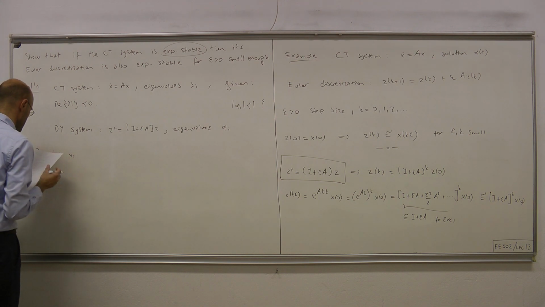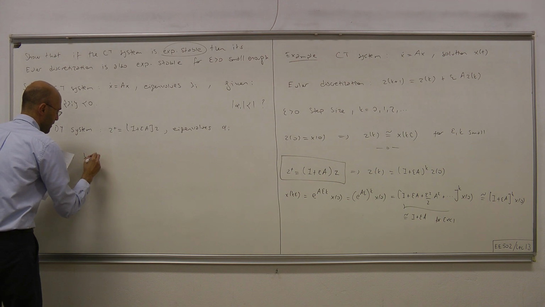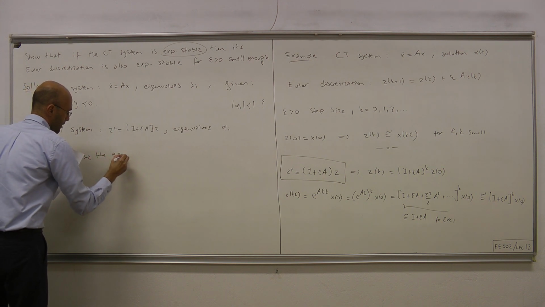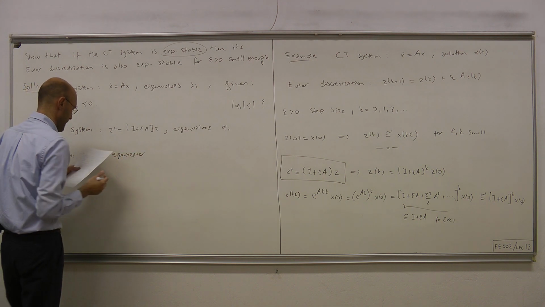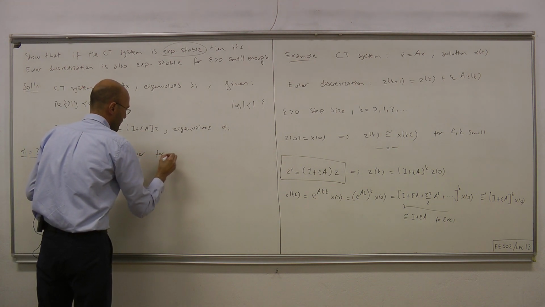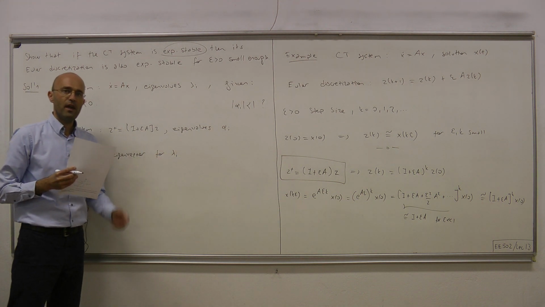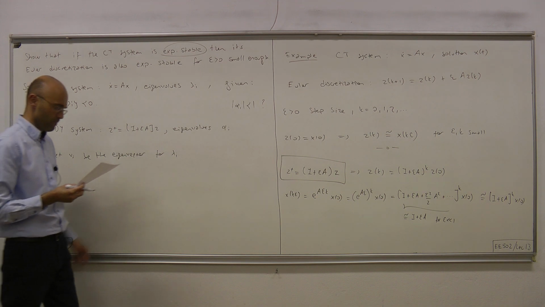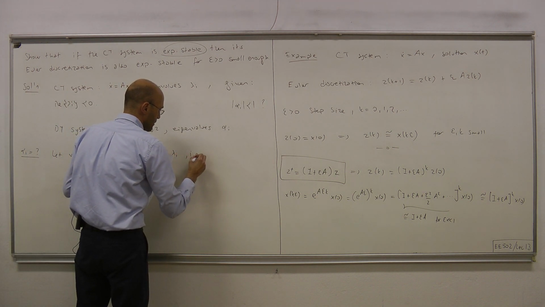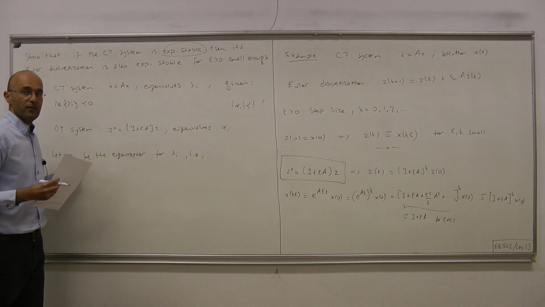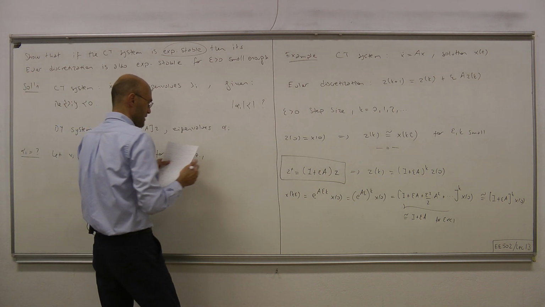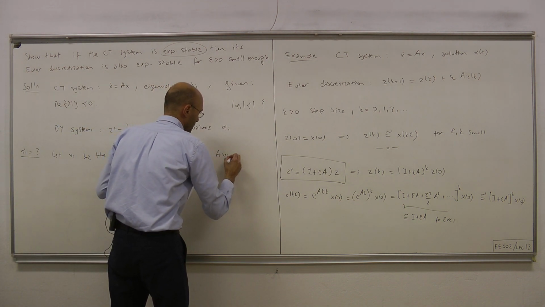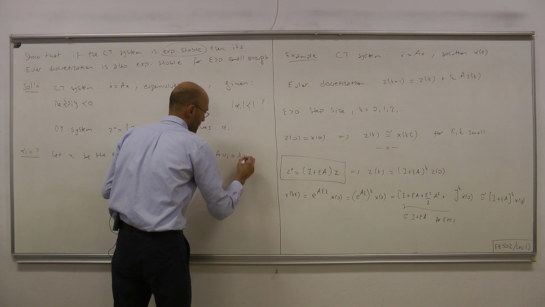Let v i be the eigenvector for the ith eigenvalue of the A matrix, lambda i. In other words, this vector is a non-zero vector and it satisfies the eigenvalue, eigenvector equation A v i equals lambda i v i.